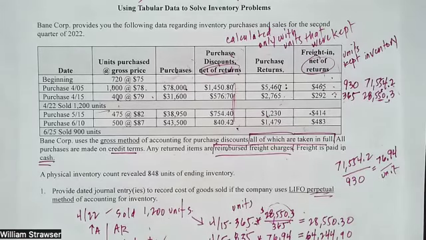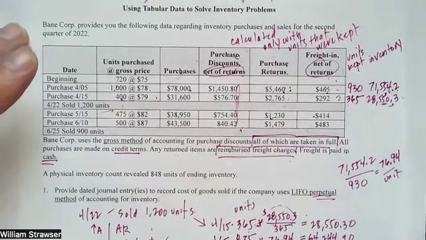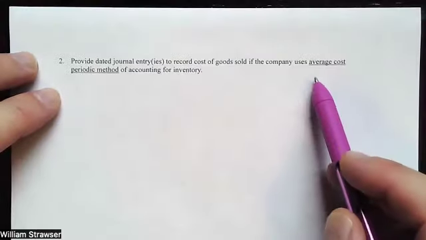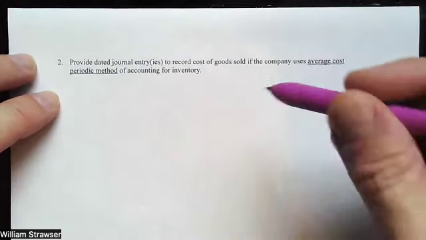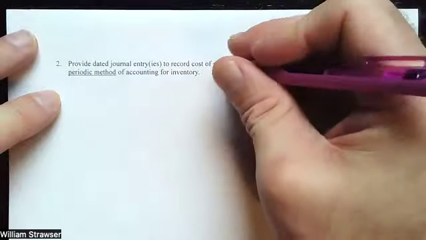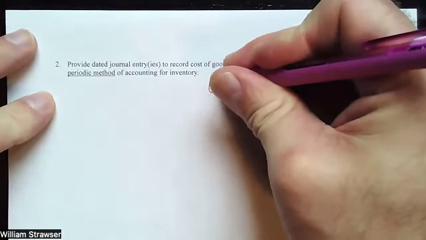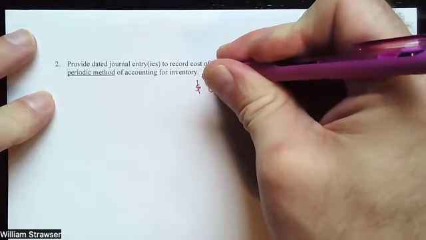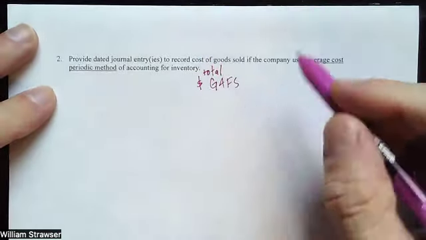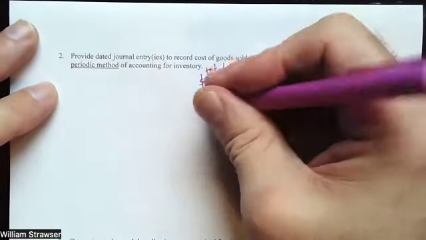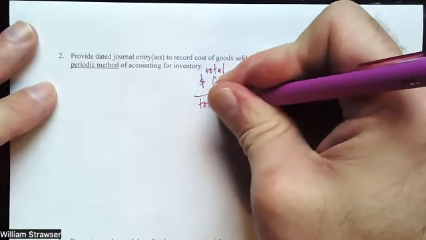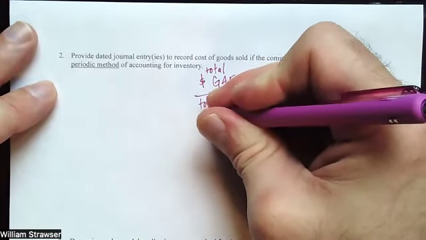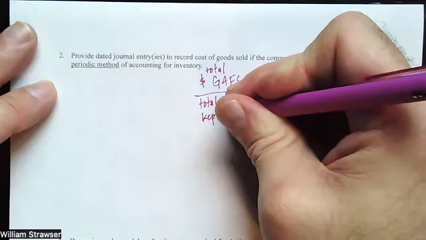We haven't done an average cost problem yet, but when it's done in a periodic way, it's actually one of the easiest. The way we do it is by looking at my goods available for sale in terms of a total dollar value, divided by the total units kept that are available for sale.